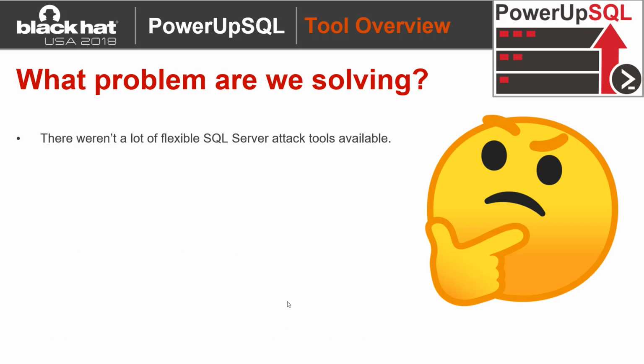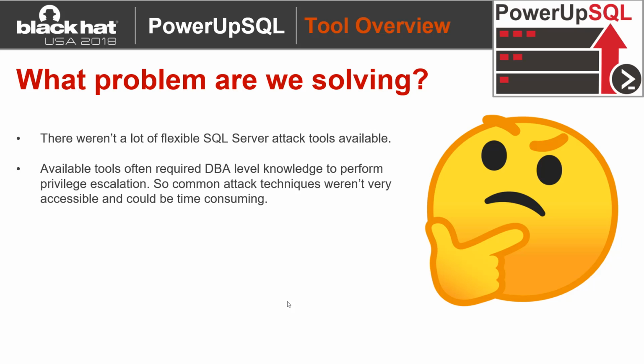All right, so the problem we're solving, we kind of talked about this. There are some SQL Server attack tools out there. There's definitely some good work by Carlos Perez, who did a couple of cool config reviews, kind of like plugins for Metasploit. But I think what we wanted was the ability to really take those and exploit them.